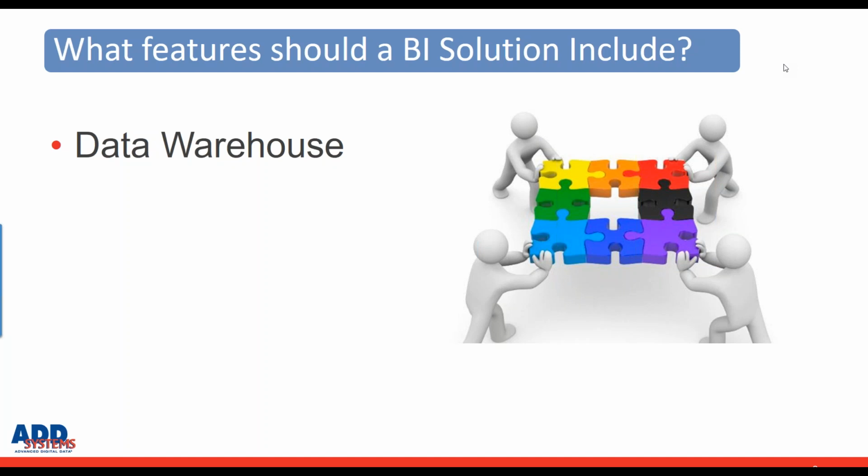The first thing for a BI solution is a data warehouse. A data warehouse is a database that's designed specifically for reporting. We've got all of our systems out there, our back office systems, our CRM systems, our payroll systems, our GL systems. All of those are transactional systems, designed for people to put information in.